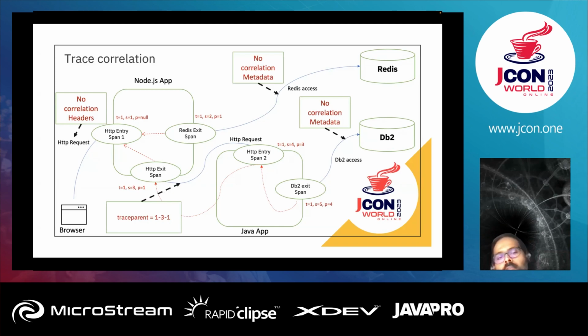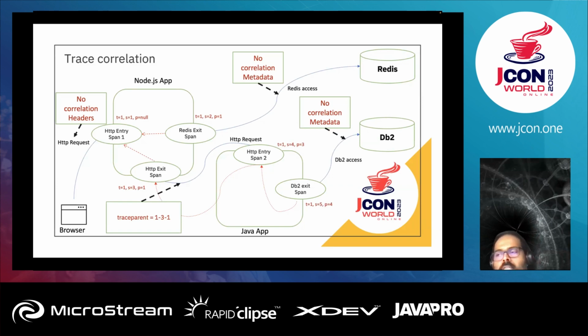This is the correlation ID, which is called trace parent. This is as per the W3C spec. From Instana, we use a different format of headers, but we do support the W3C standards as well. In this case, as you see, trace parent is actually modifying the HTTP metadata.